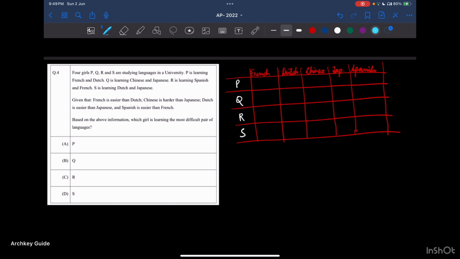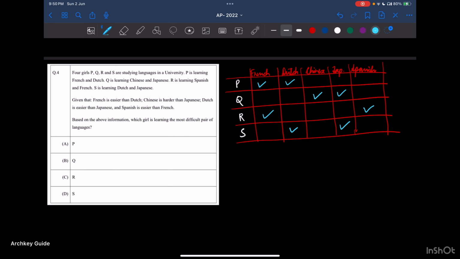Okay, now we can start with the question. Four girls: P is learning French and Dutch. Q is learning Chinese and Japanese. R is learning Spanish and French. S is learning Dutch and Japanese. So we have the equation, we have the table ready.